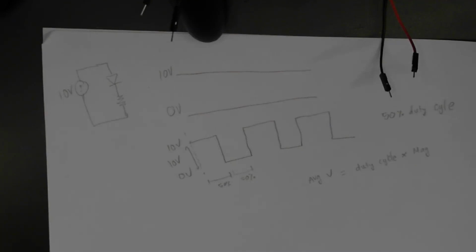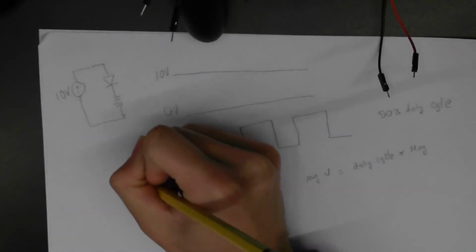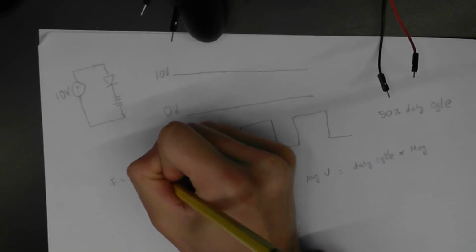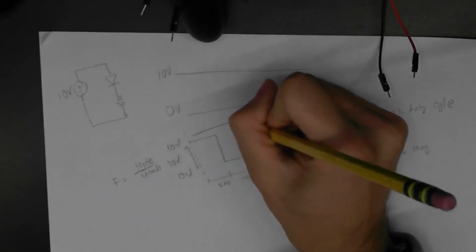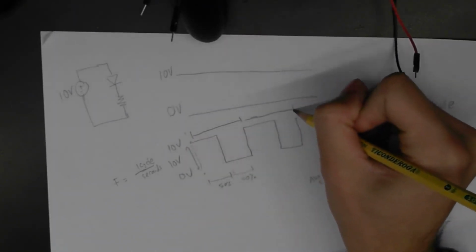It basically means 1 cycle per second, so every 1 second you have 1 cycle of electrical signal repeating itself. So this will be your 1 cycle, and this will be your next cycle.